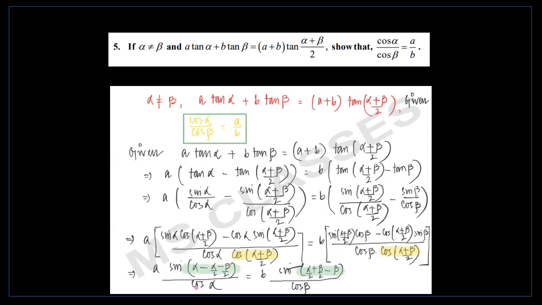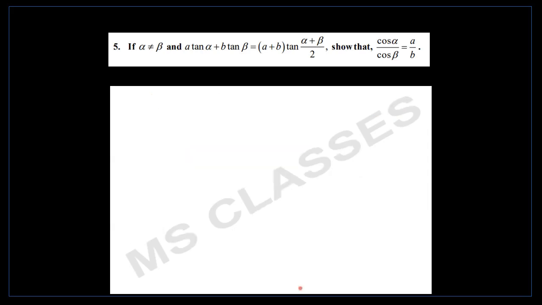So A by cos alpha equals B by cos beta. If we cross multiply, cos beta by cos alpha equals B by A. If you want to write it in the form of cos alpha by cos beta, that is A by B.